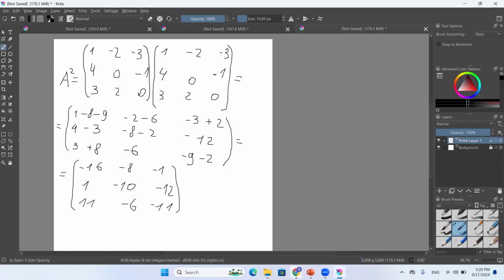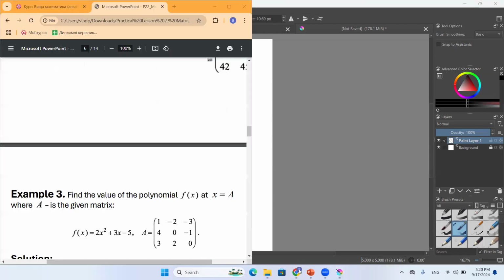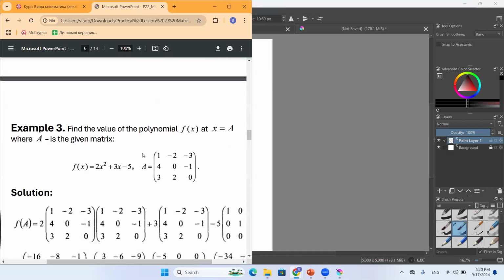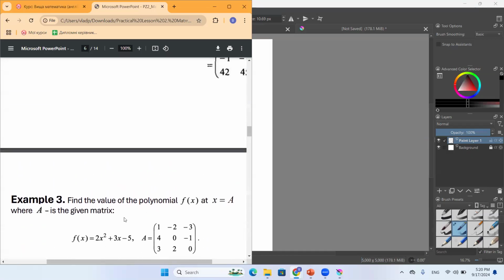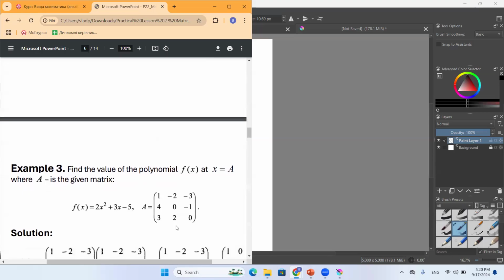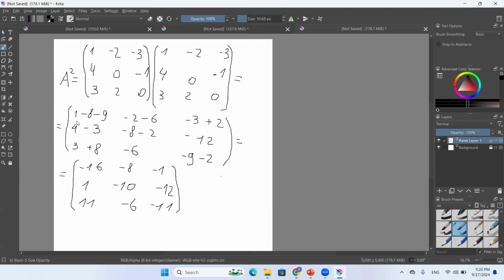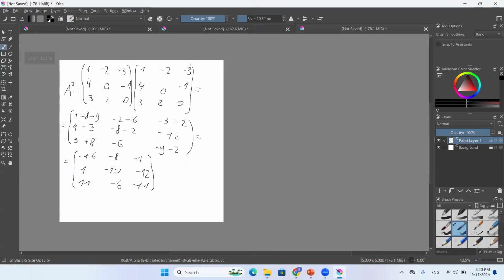Okay, and actually what we have to do is the following. We need to multiply this matrix by 2 and then add 3A and minus 5. Okay, how to add some space here?